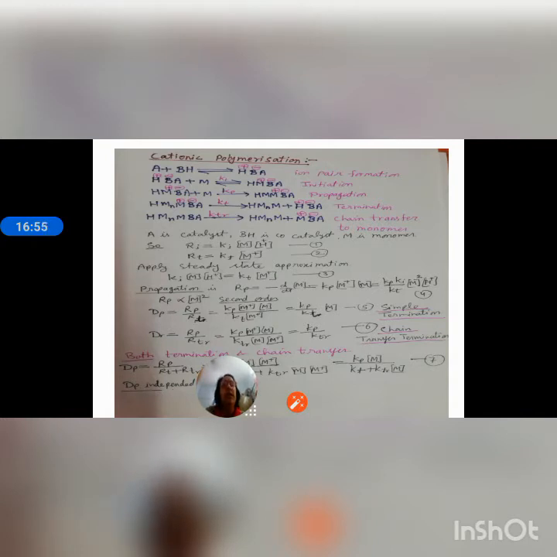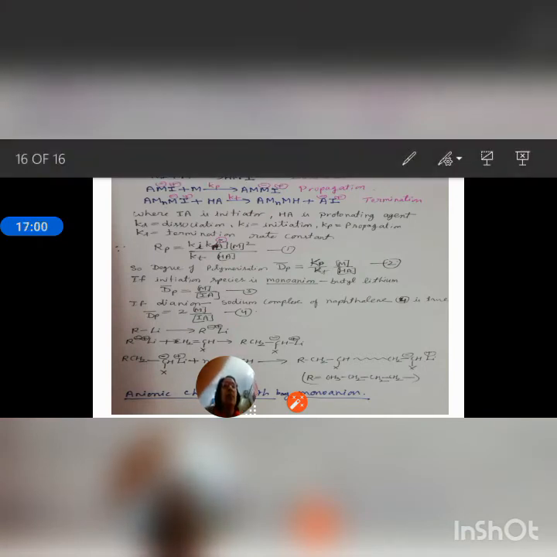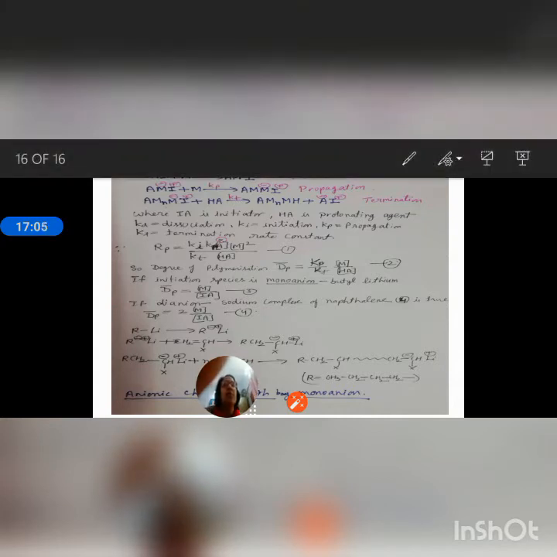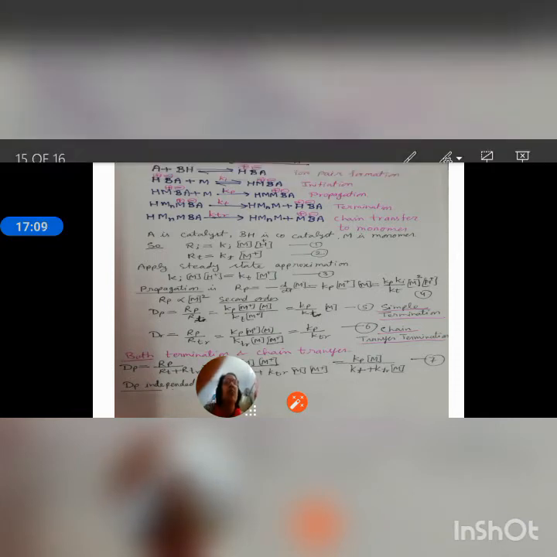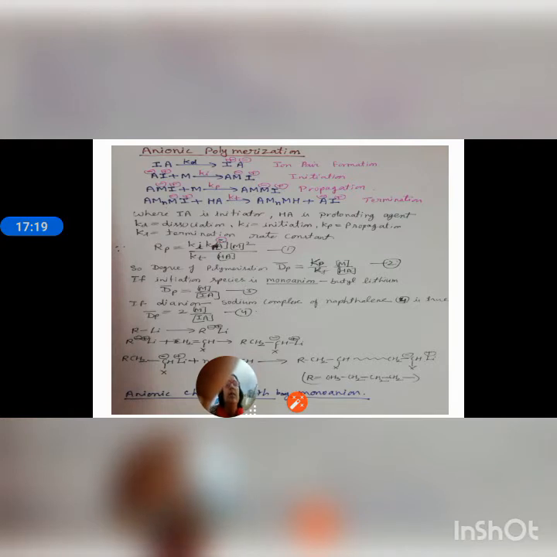In the second step, the ion pair formed combines with monomer and forms AMI.